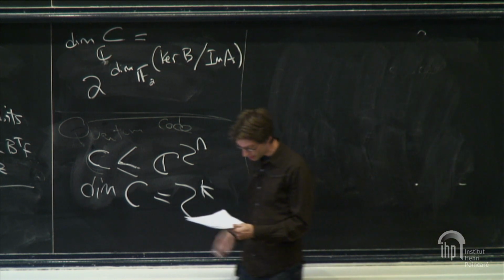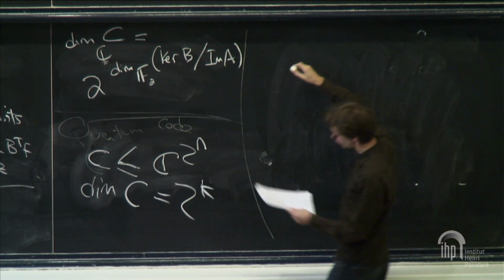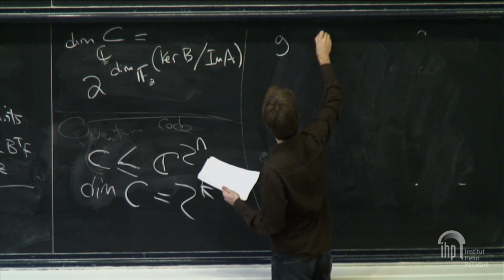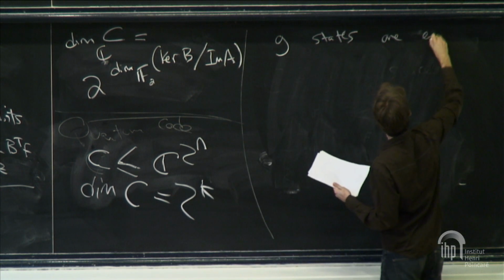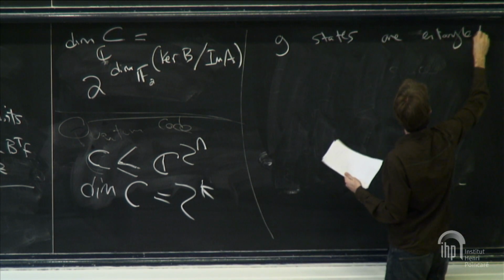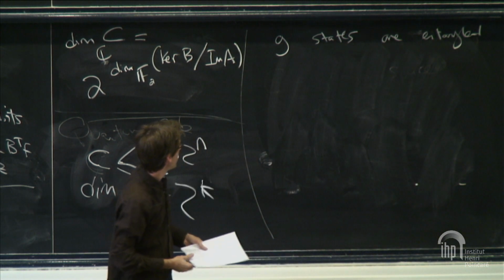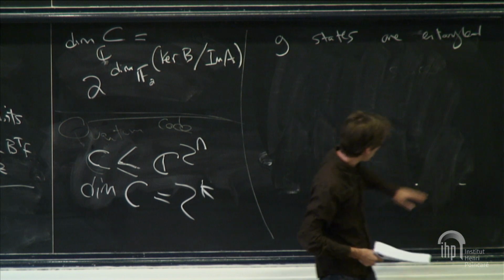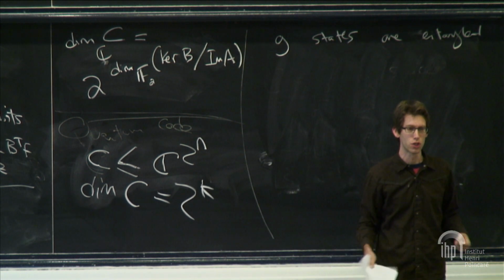This code, or quantum codes in general, has the property that ground states are highly entangled. So they cannot be written as products of local terms.